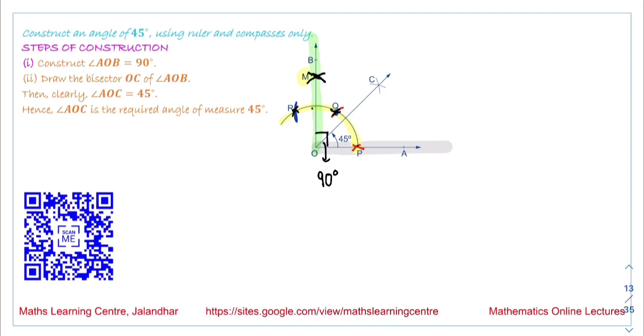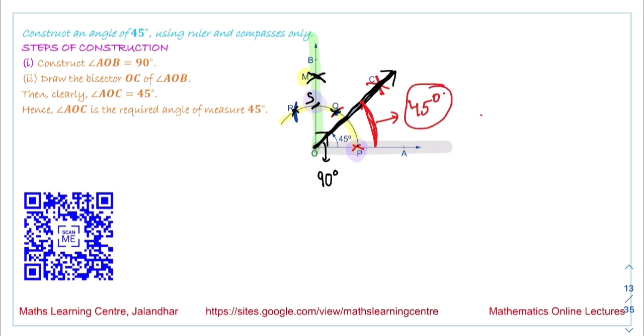We have already drawn this arc over here, and this point we call S. Then we keep the compass at this point S, and next at this point P, and we mark two arcs intersecting at this point C. We then join O and C. This is the bisector of the angle AOB, and this angle is 45 degrees.